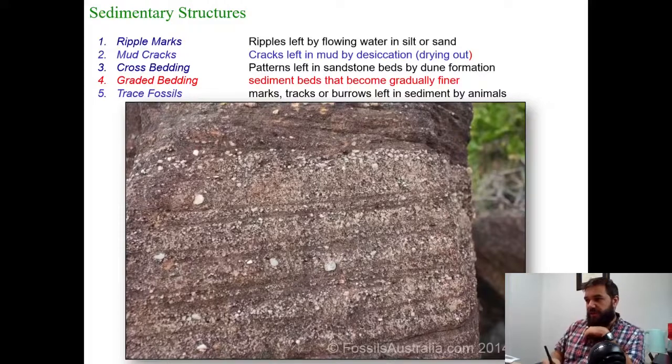If you take a look at the picture closely, you'll see large grains up here and then progressively smaller. And then you start over. You get large grains here and then again it gets progressively smaller. And then large grains here and then smaller again. So that's called graded bedding. It means it's graded from large to small, with the large stuff on the bottom.